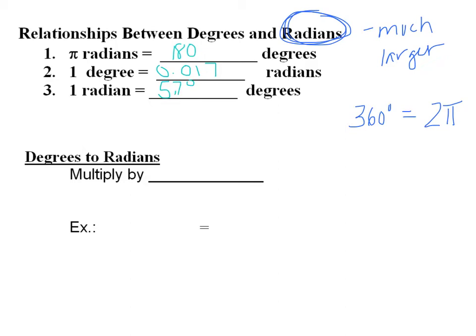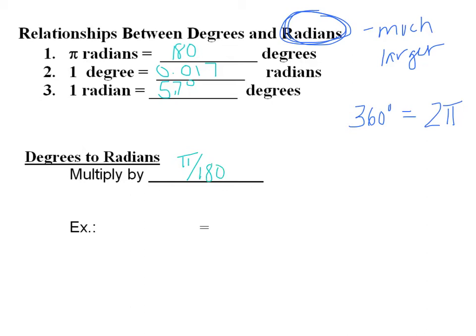Realize these last 2 are simply approximations. So let's get into what really is important. Let's say we want to convert degrees to radians. I'm starting off with degrees, and I want to end up with radians. So the first thing we're going to do is simply multiply by pi over 180.